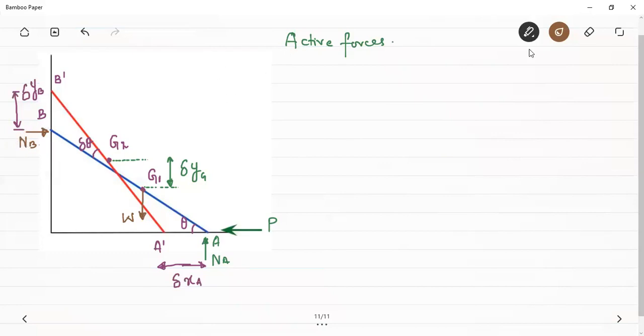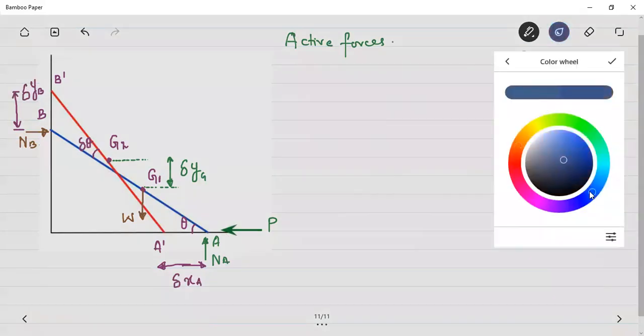Now see this, in the FBD the external forces are: this NB is an external force, that is the normal action at B. The normal action at A is an external force. This P is an external force, and this weight W is an external force. But not all of these external forces are active forces.